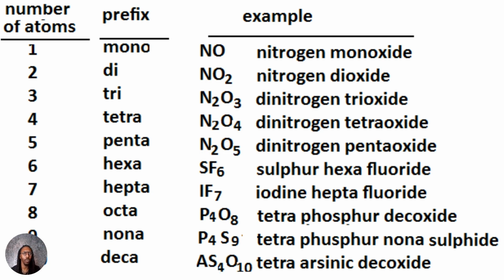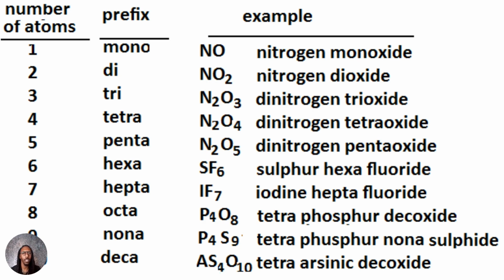Tri, N2O3. Notice this time I have 2 nitrogens for my first element, so I need to let people know I've got 2 nitrogens. So I need to say dinitrogen. Once again, I put di because there are 2 nitrogens. Nitrogen stays the same because it's still the first element.